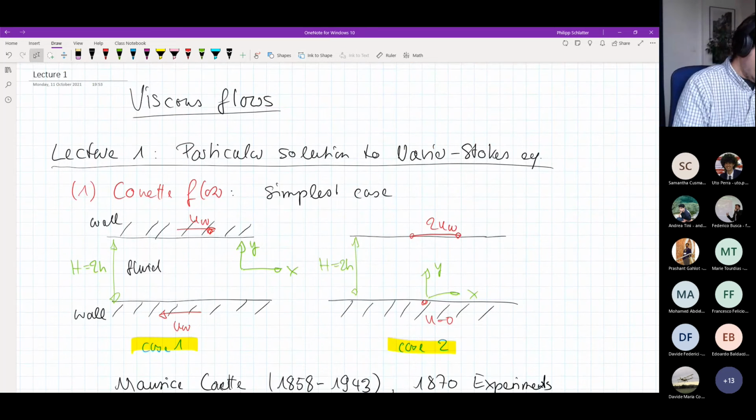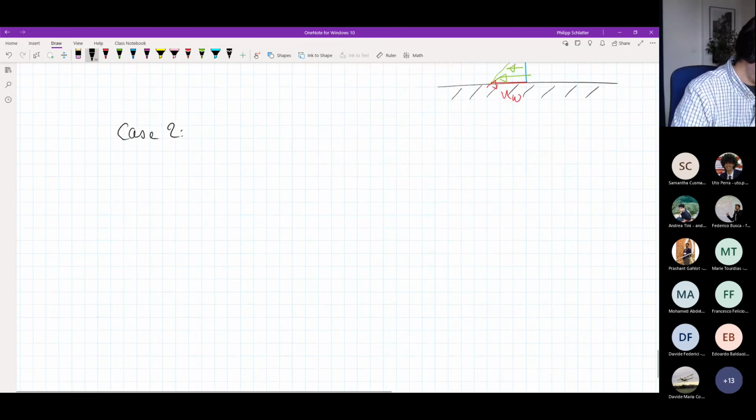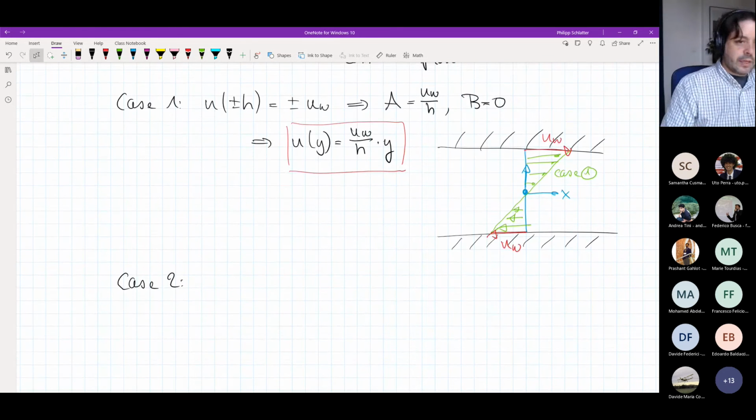remind ourselves, case number 2 was like this, when the origin of the coordinate system was at the lower wall and the upper wall was moving with a velocity of 2 uw. Well, if you now go into the calculation, and I'm kind of hoping that you would do that as a homework, you just have different boundary conditions.